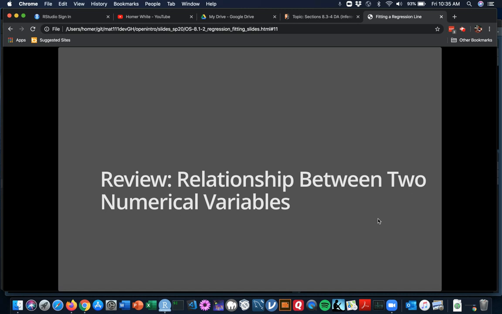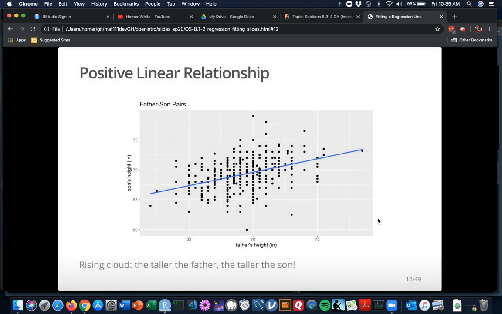Okay, let's next go back and review stuff we learned earlier in the course about how we investigate the relationship between two numerical variables. Our tool of choice was scatterplots. So for example, here's some old data where every point on the scatterplot is a pair of people, a father and his son.